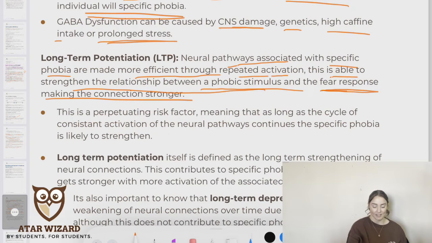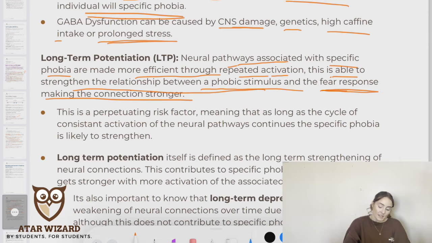It takes less effort. So the fear response therefore becomes stronger. So the neural pathway associated with the fear response is more easily activated, which causes it to be activated more often, and it increases in strength, increasing the strength of the response and also of this phobia.